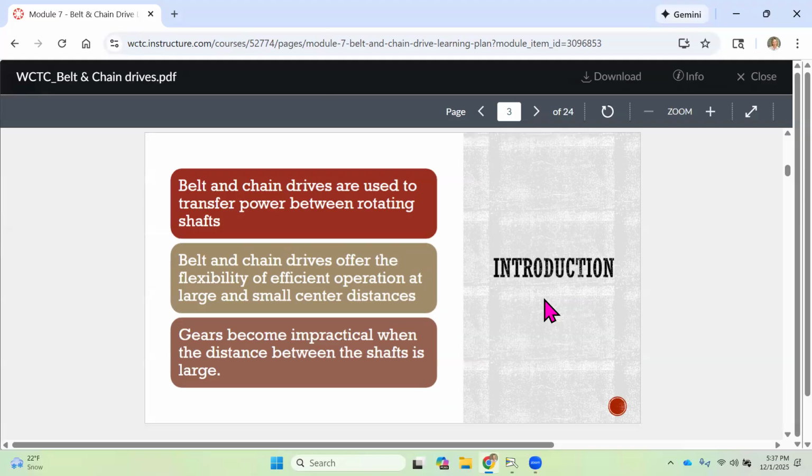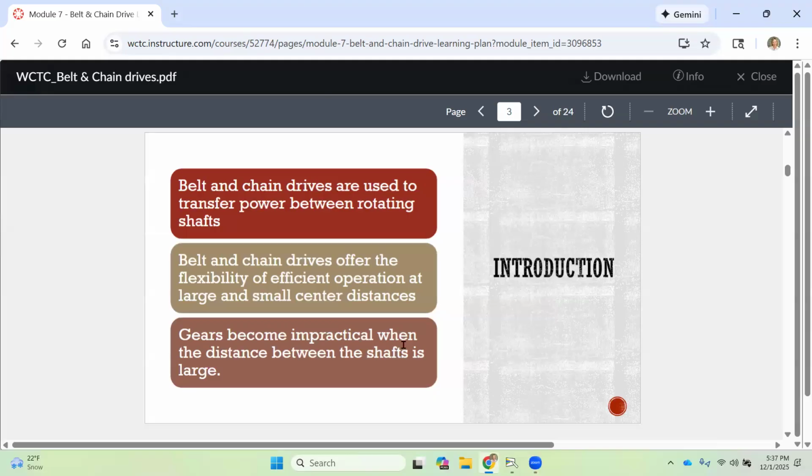With belt and chain drives, whether it's a belt running on a sheave or a chain running on a sprocket, we can move those center distances apart and accommodate more custom placements of those elements.